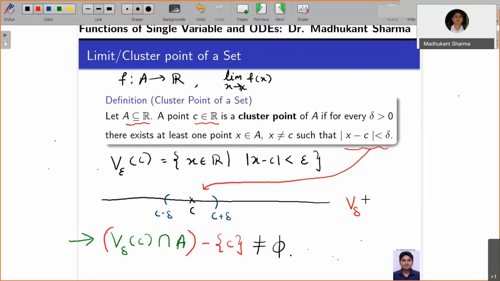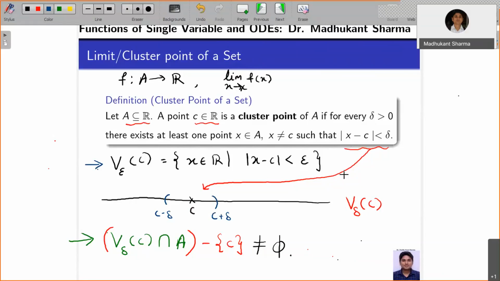If you recall, that is nothing but the set of all points which lie in the delta neighborhood of c. So if you want to write the above definition in terms of neighborhoods, it is as follows. For every delta positive, there exists at least one point of A other than c satisfying this.